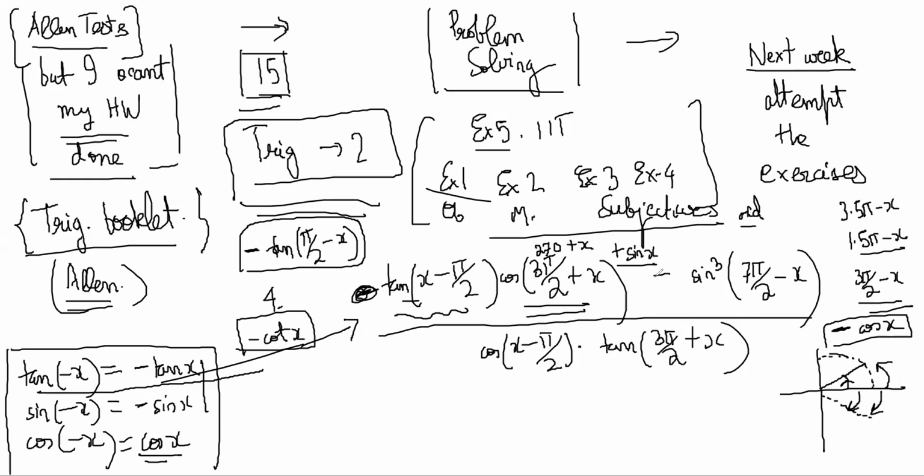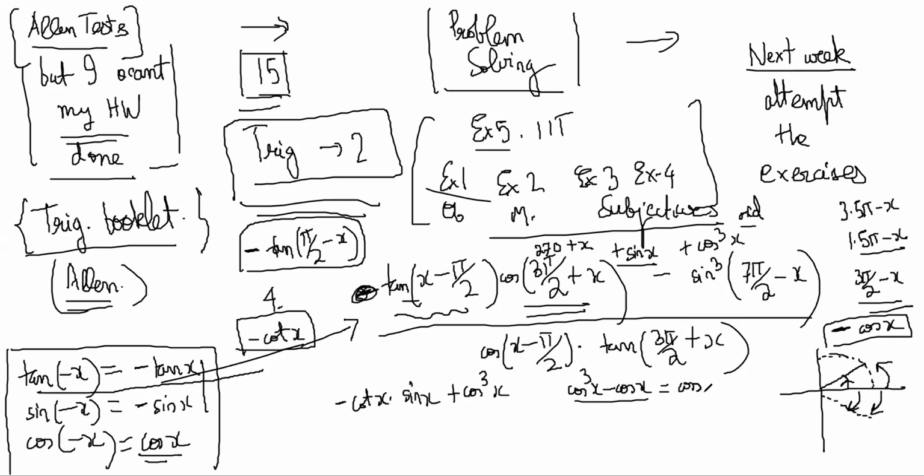Minus cos, so this becomes plus cos cube x overall. So the numerator is becoming minus cot x into sin x plus cos cube x, and cos by sine, so this becomes cos cube minus cos. The numerator is becoming this.